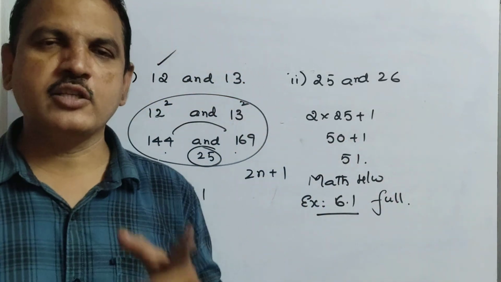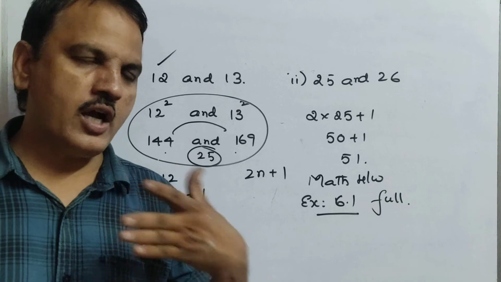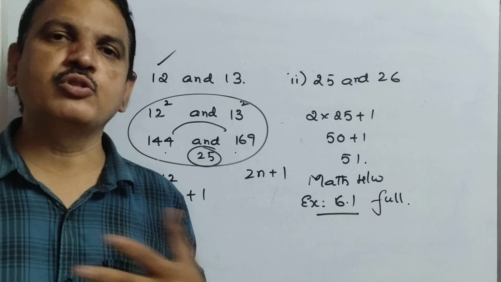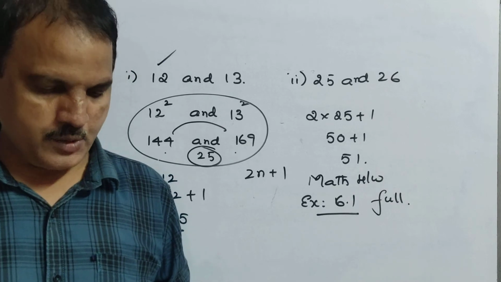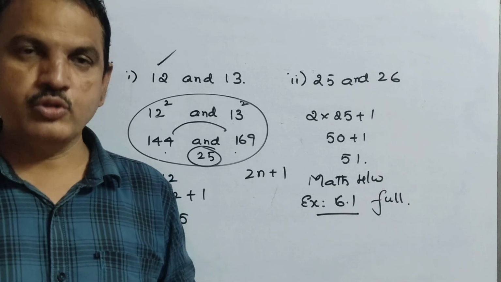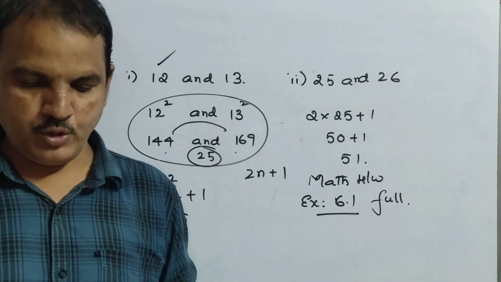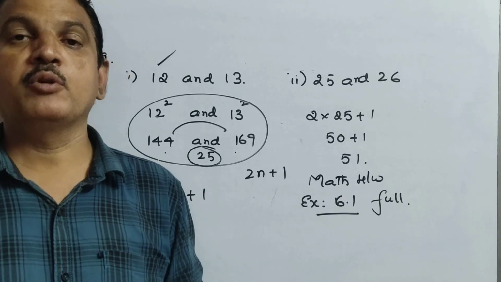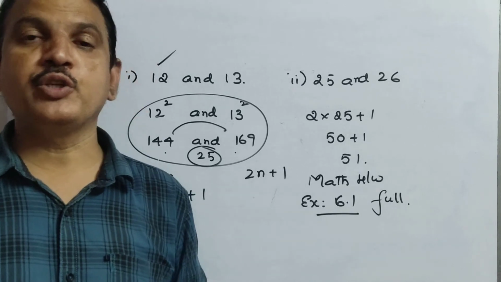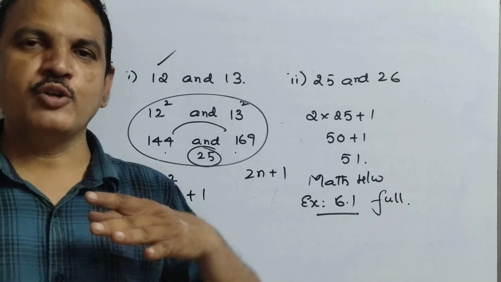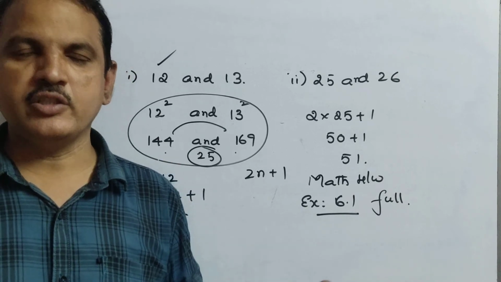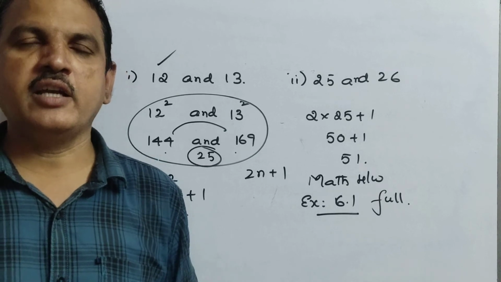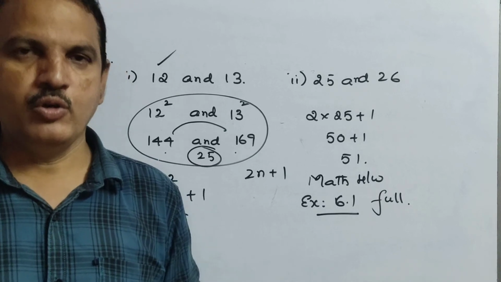As I told you many times, the more hard work and practice you do in maths, the better it is for you. So exercise 6.1 is completed. We are going to finish the chapter as soon as possible. In the middle you did most of the sums, because you know how to find square roots of 2 digit, 3 digit or 4 digit numbers. Any such sums that come in between, I can give as homework.